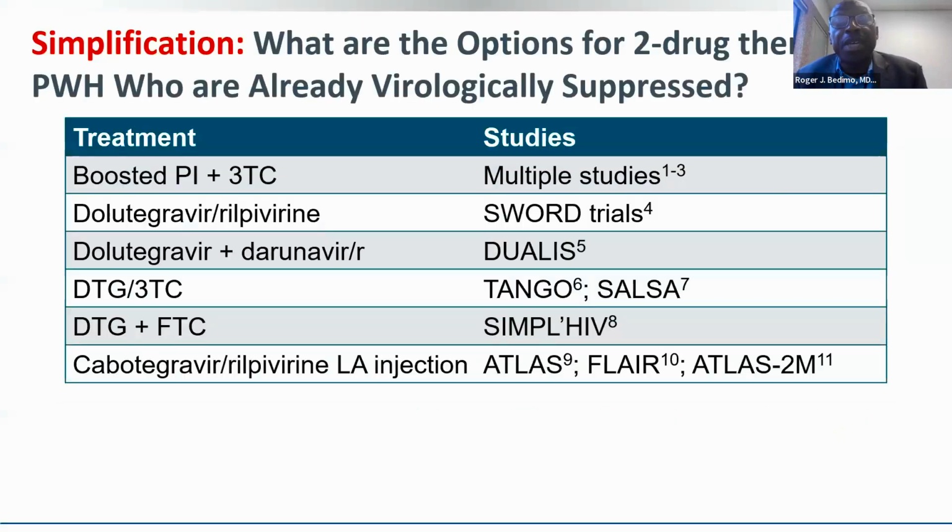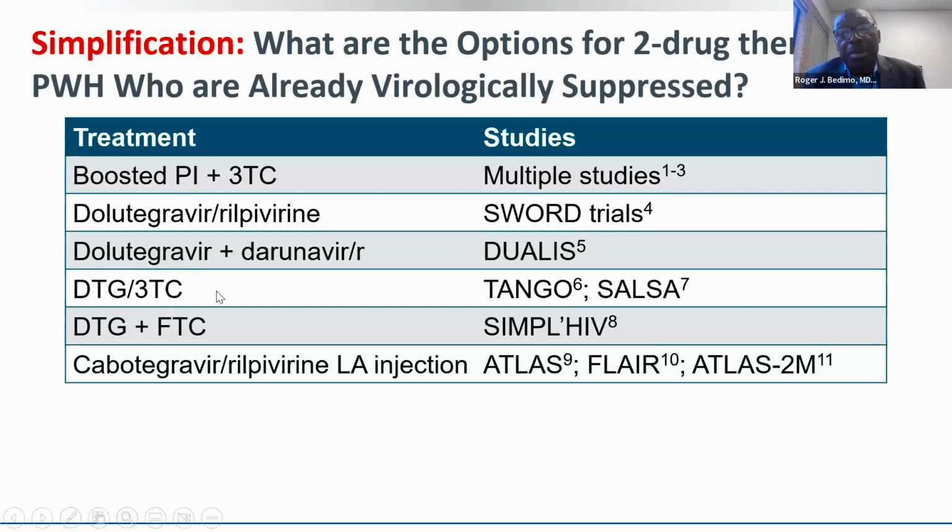Now, this simplification could also be a less-is-more principle, where you're moving from regimens traditionally containing 3 drugs to 2 drug regimens. And these are multiple studies that looked at different regimens. And the one that Dr. Saag pointed out that is now in the guidelines for initial therapy is dolutegravir 3TC.